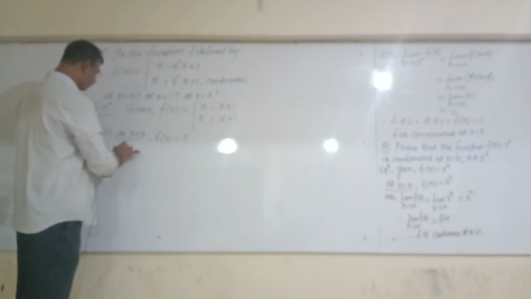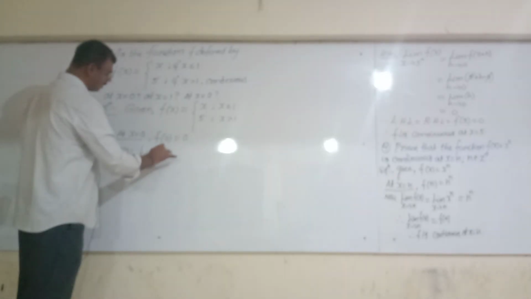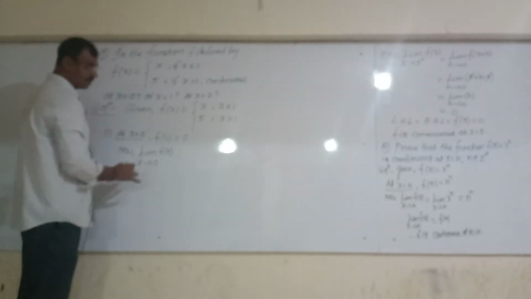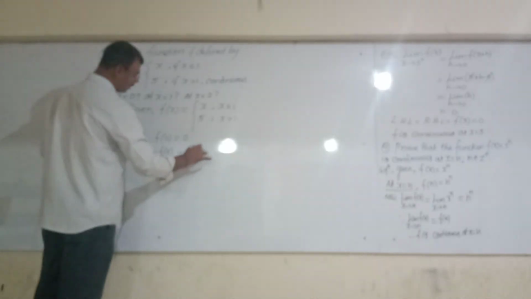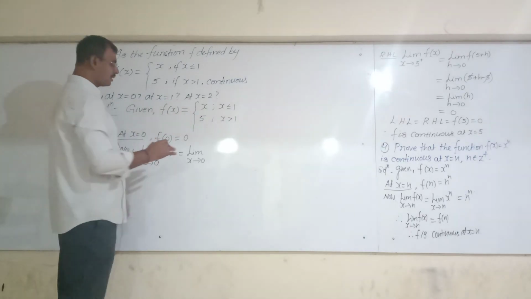Now find the limit of this function. Limit of f of x as x approaches 0. Here x approaches 0, which is smaller than 1, so the function is x.